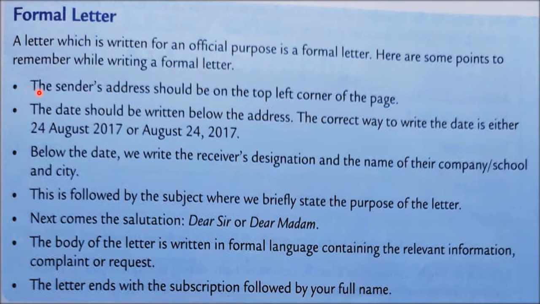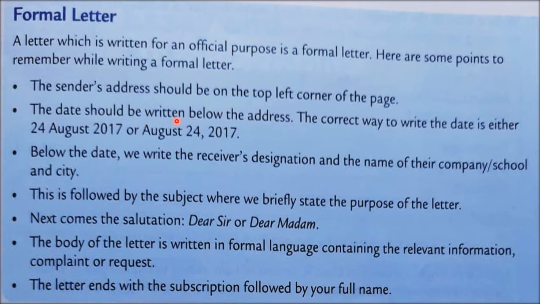Point number 1, the sender's address should be on the top left corner of the page. So these are important things you should remember. So this is how the letters are written these days. The sender's address should be appearing on the top left corner of the page.